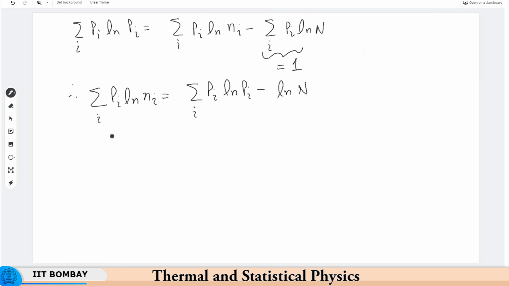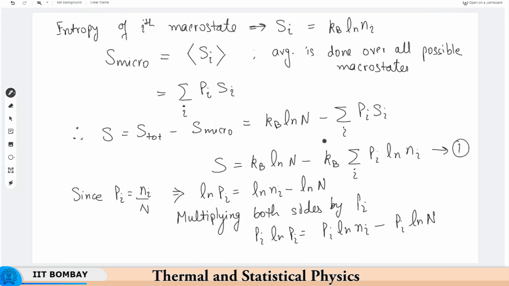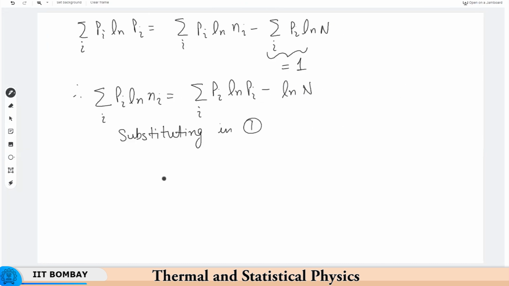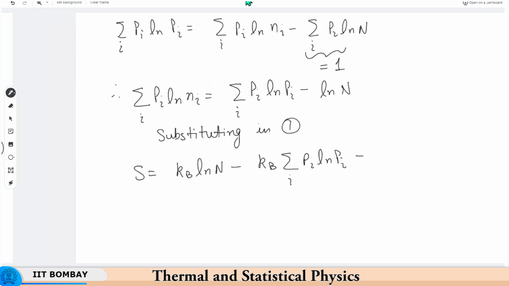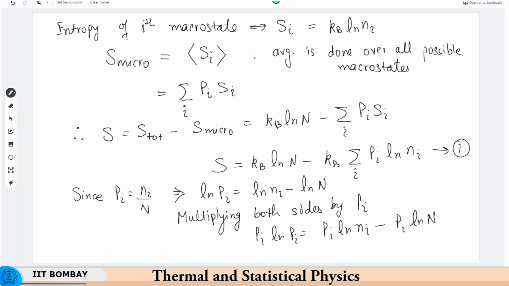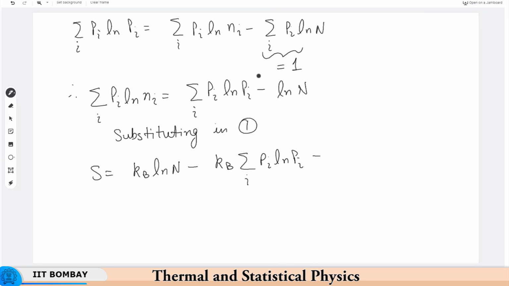Now we are ready to substitute this quantity into equation 1, and we can write S equals Kb log n. So, S becomes Kb log n minus Kb times the sum over i of Pi log Pi... sorry, this should be plus.